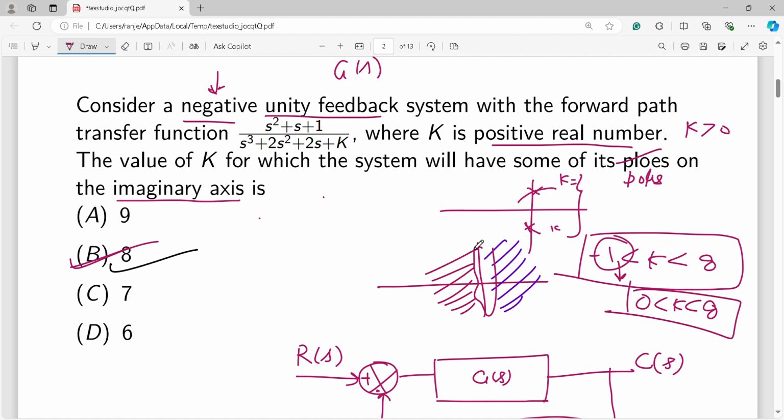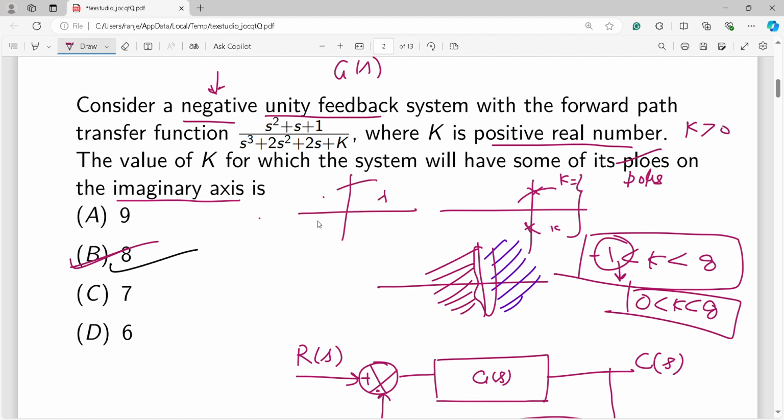Here they directly gave poles on the imaginary axis, and they can also ask for the maximum value or range of k for which the system is stable. After this, if you increase k, our poles will go to the right half of the s-plane, like this.